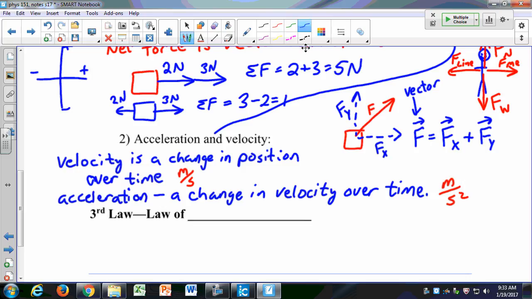Now, the third law is called the law of reaction. This says that for every force, there's an equal and opposite force.